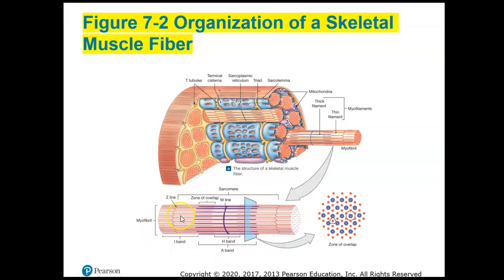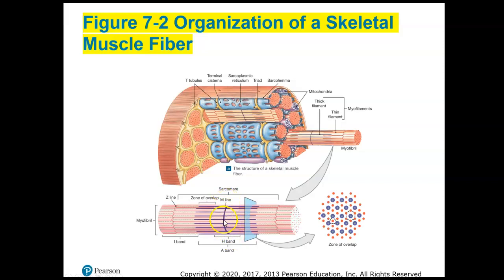And these little green molecules here, that's titin. It's called titin. So they're attached to the Z line. And then just look at the structures that are purple that are in the middle of the sarcomere. They are the thick filaments or myosin. So the middle of that is called the M line.